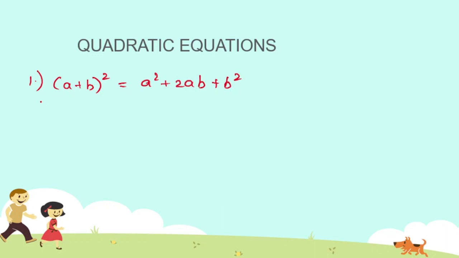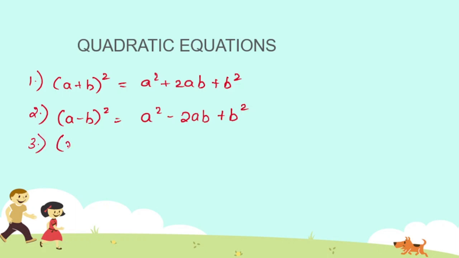Very common formula, very important formula also. Next, a minus b the whole square is equal to a square minus 2ab plus b square. Right? Next, the third most important formula is x plus a into x plus b.